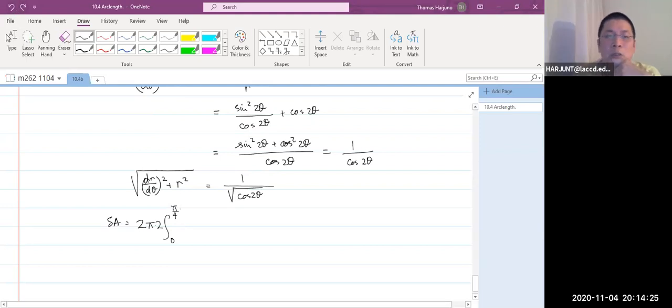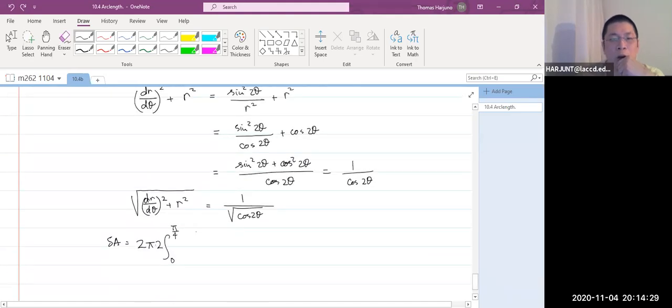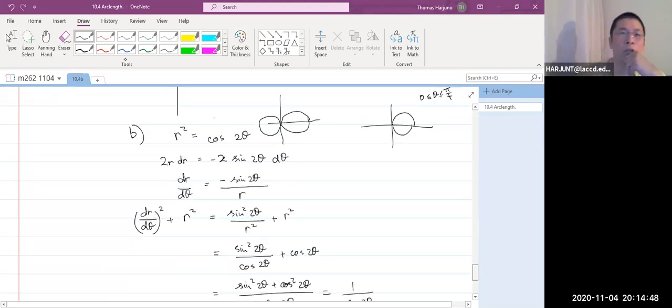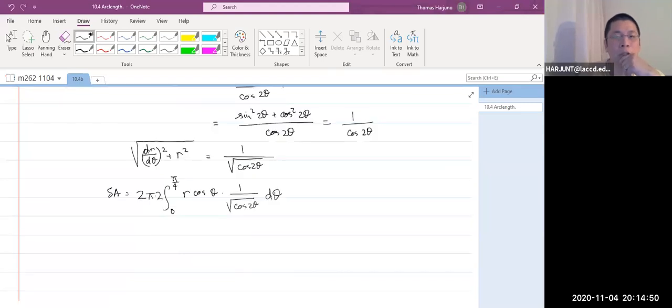The x, what will the x be? X will be r cosine theta. The ds will be 1 over the square root of cosine 2 theta d theta. And my r is the square root of cosine 2 theta. Oh, really nice.